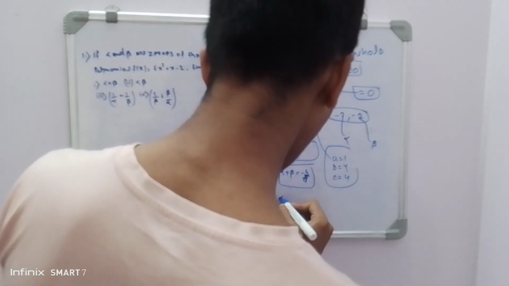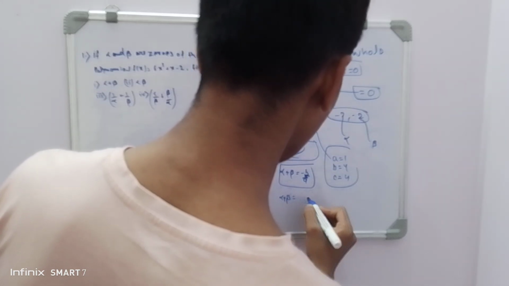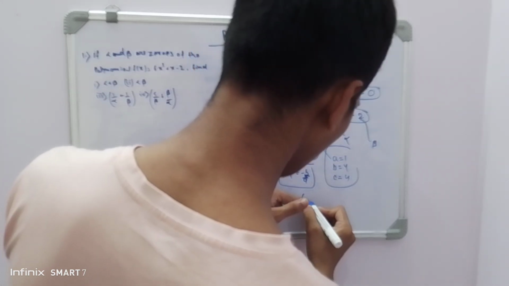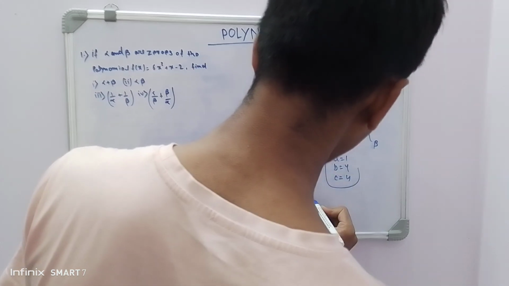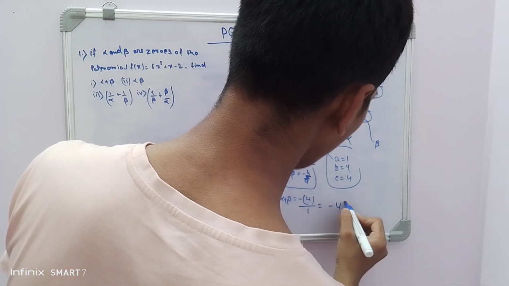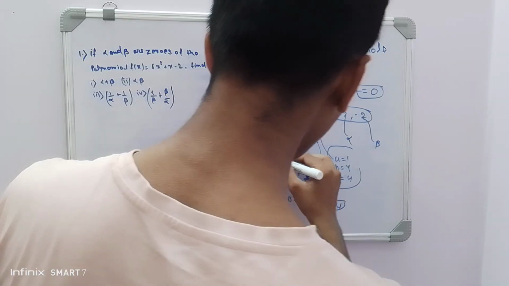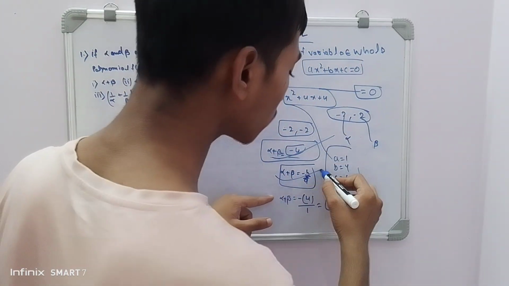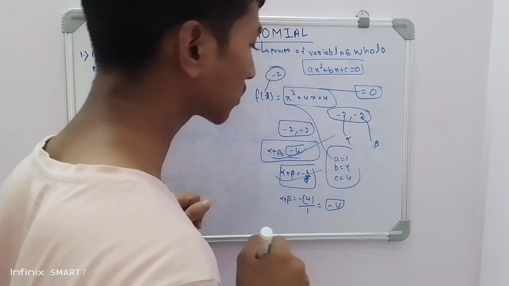If you have to find alpha plus beta, that means minus, then you write the value of b, which is 4, and the value of a, which is 1. So you get minus 4, and from here you are also getting minus 4, so according to the formula you are also getting minus 4.